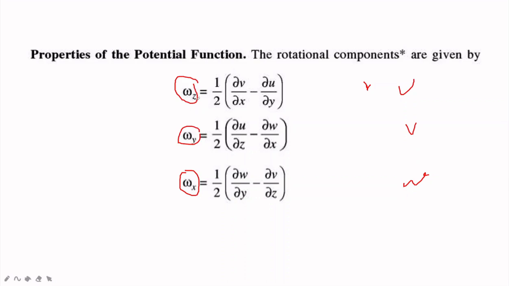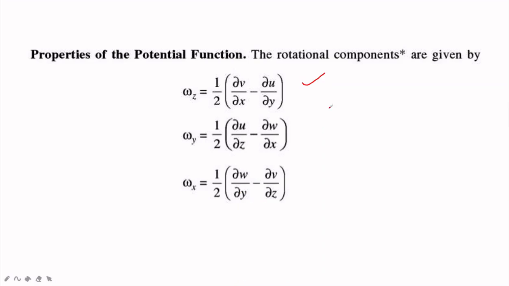Omega z is equal to half into dou v by dou x minus dou u by dou y. Omega y is equal to half into dou u by dou z minus dou w by dou x. Omega x is equal to half into dou w by dou y minus dou v by dou z.